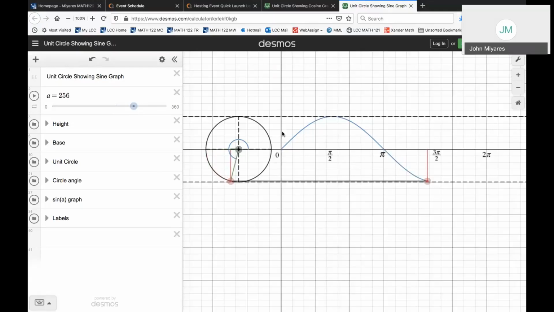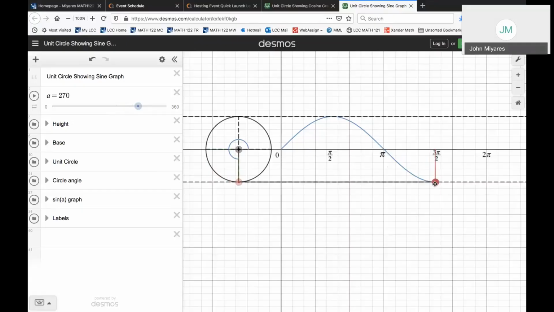In our graph on the right, we see the corresponding decreases in the functional values as the angles progress through quadrant 3. So by the time we get up to 270 degrees, the graph will bottom out at -1.